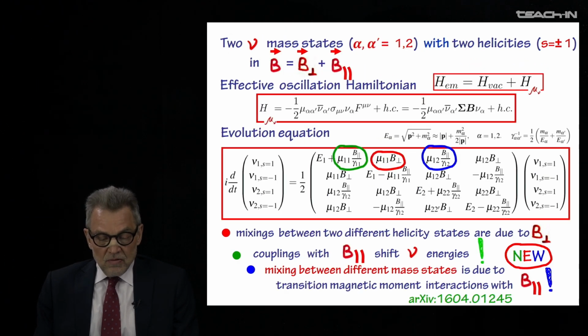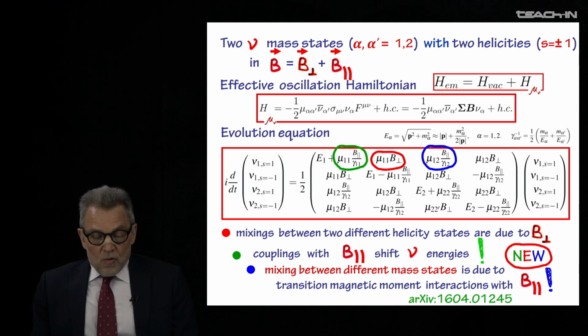So we start with two mass states of neutrinos, both in two helicity states. And here is the effective Hamiltonian that governs the neutrino mixing and oscillations, and the evolution equation for two mass state neutrinos with two different helicities is shown here.